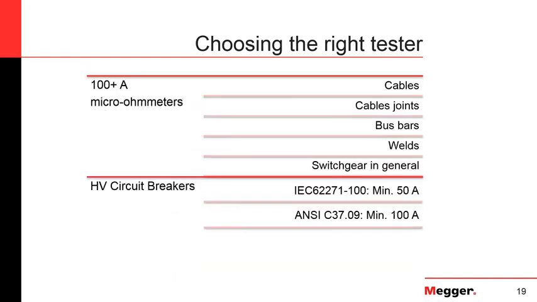We have another common range of micro-ohmmeters in the hundreds of amps, and we will see instruments going from 100 amps all the way up to 600 amps.